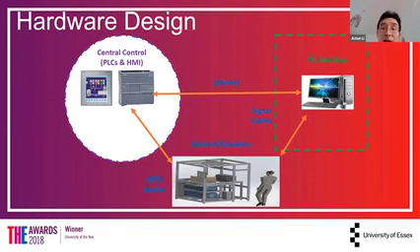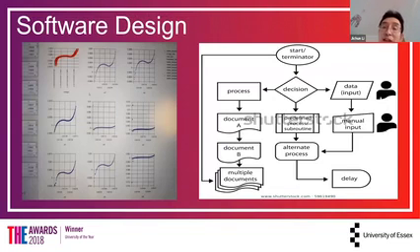The next step is the software design. You need to design the human machine interface for the user, to operate this machine. Behind this UI is the software design: the flowchart, coding, programming, debugging, something like this.